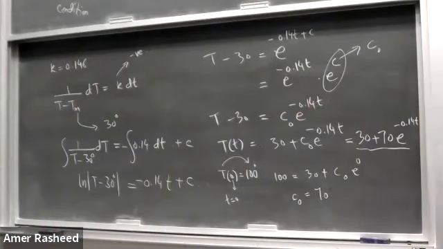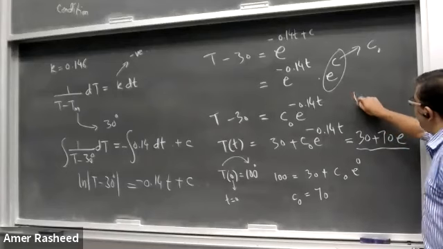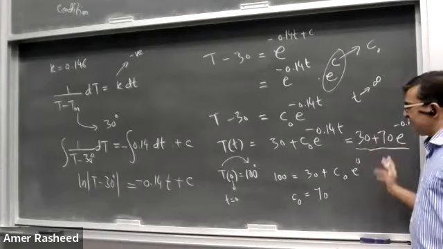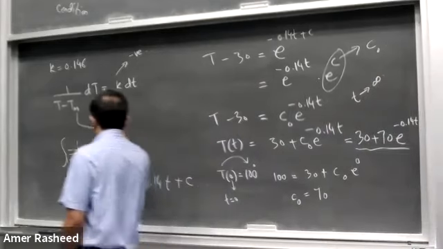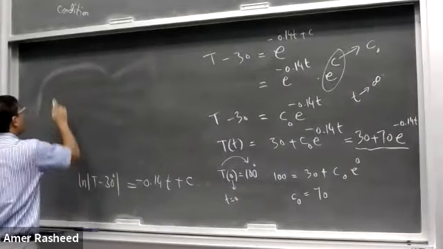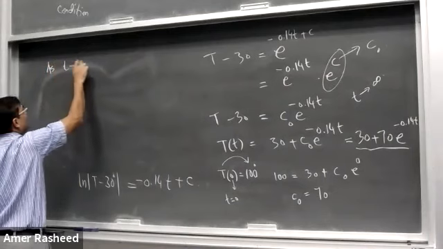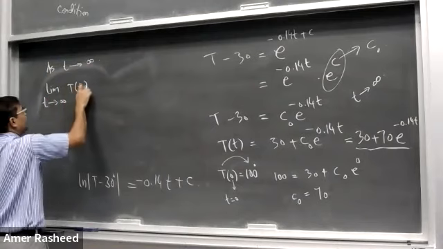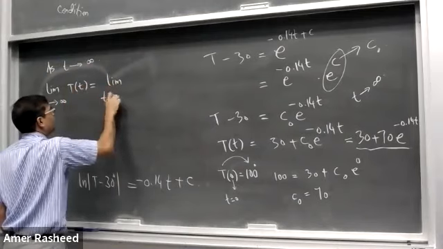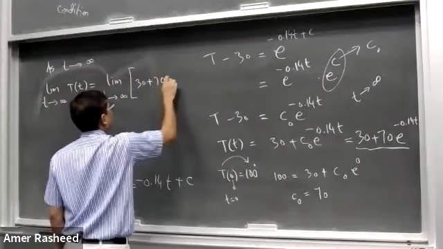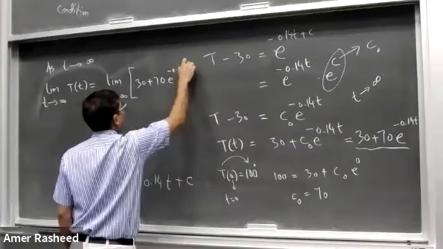But notice what happens when t approaches infinity. If you take the limit on both sides, the limit as t goes to infinity of T of t is equal to the limit as t approaches infinity of our solution, 30 plus 70 e raised to negative 0.14 t.